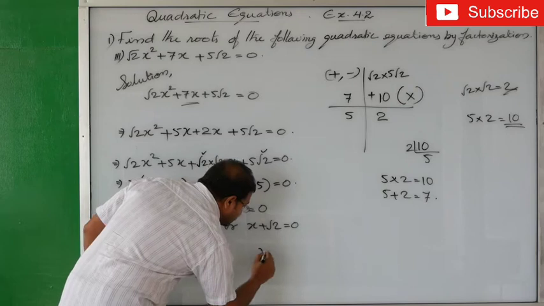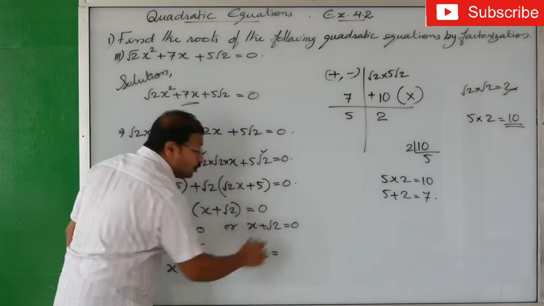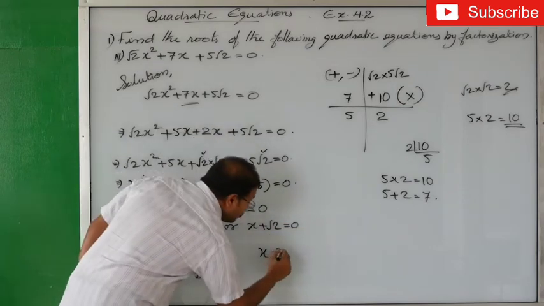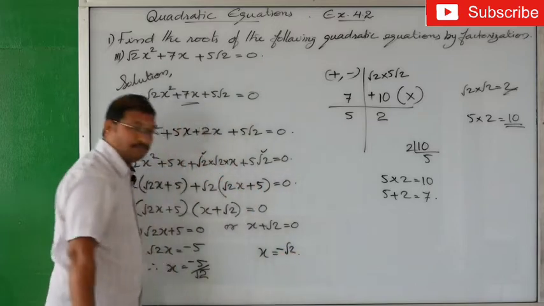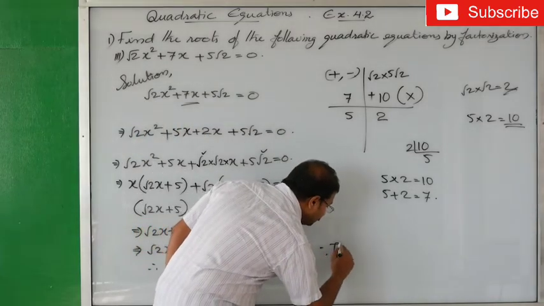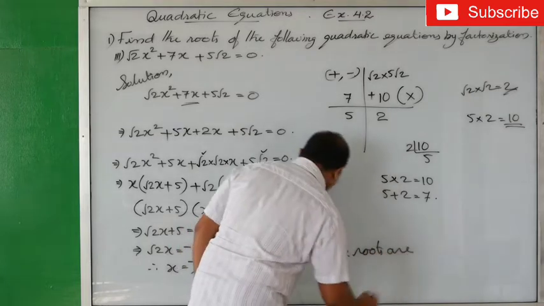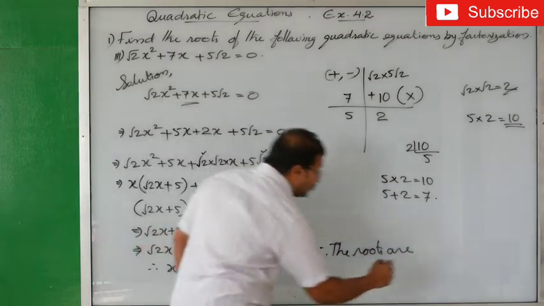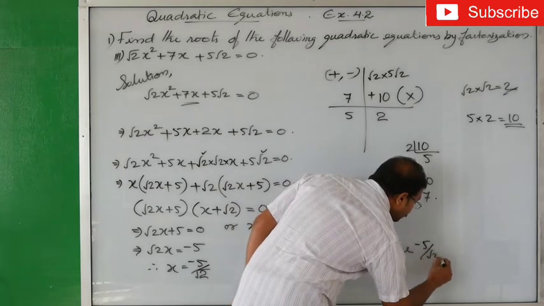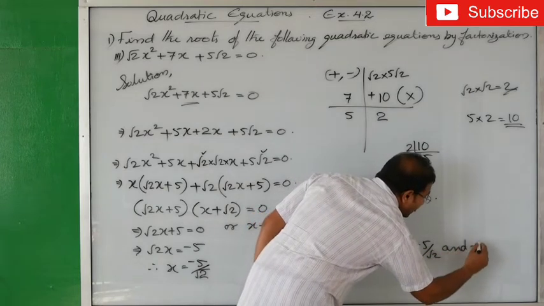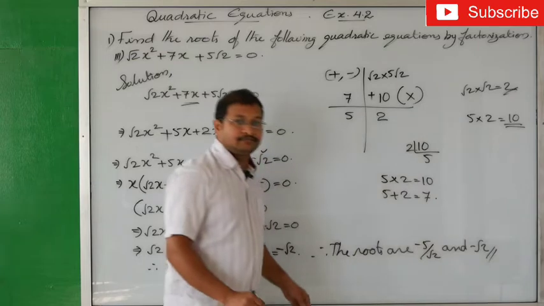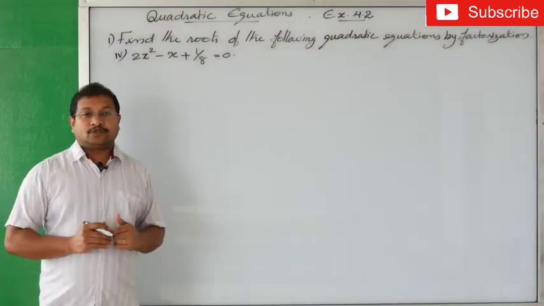Then here x equals plus root 2 goes to the next side, minus root 2. Therefore, the roots are minus 5 by root 2 and minus root 2. Okay, let's see the next question.